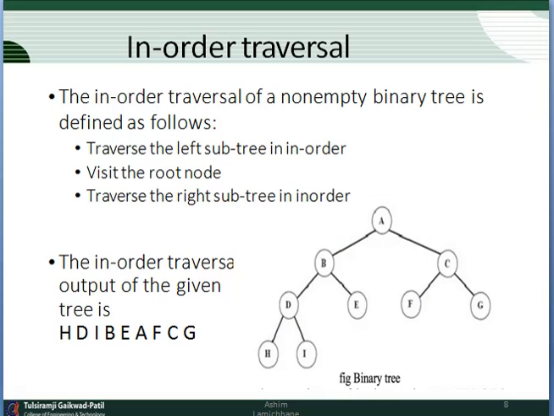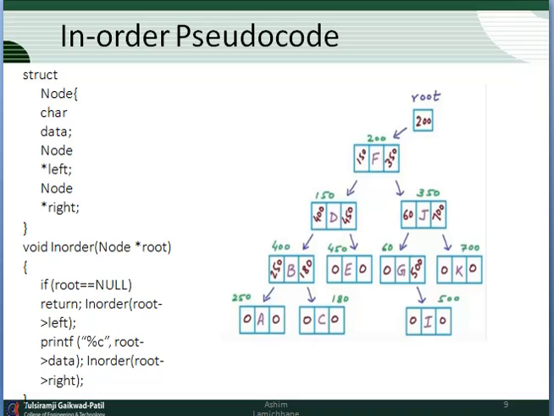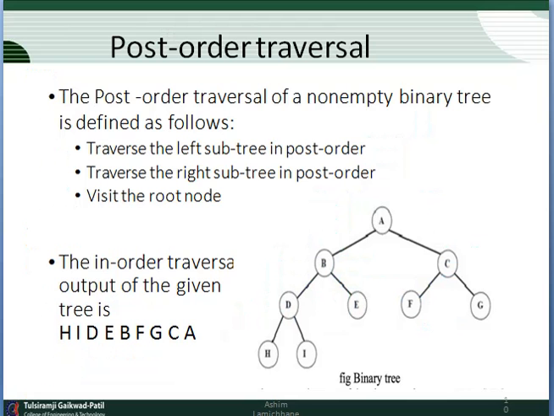Same thing in-order. In-order means firstly we have to visit the left subtree recursively, then the root node, and at last traverse the right subtree, again in in-order. So a similar pseudocode is there. Post-order traversal is again somewhat different.